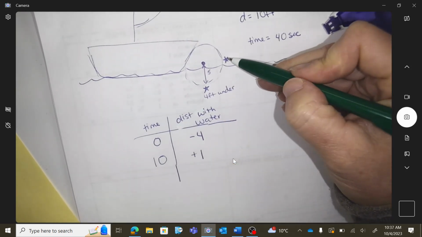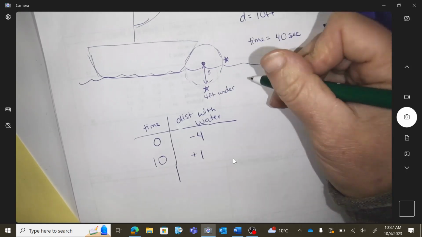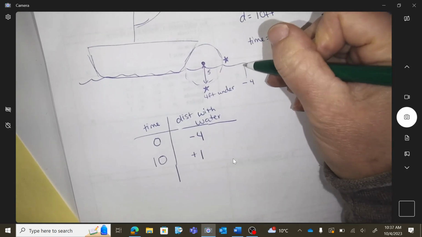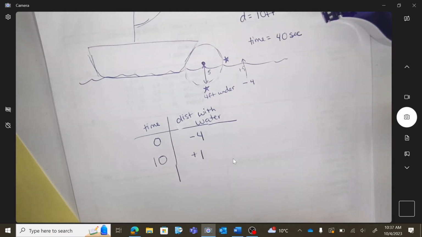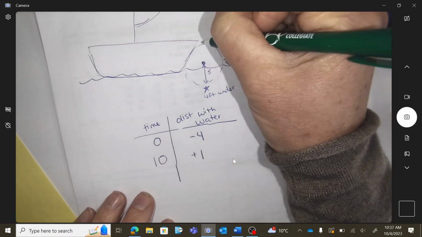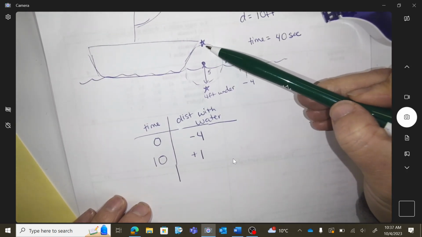I'm 1 above. You see where I'm getting that from? This was 4 below, and if you go up 5, that's how I got to a 1, right? Because of the radius.